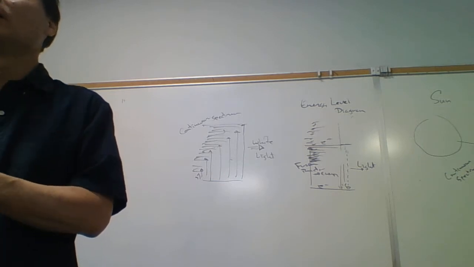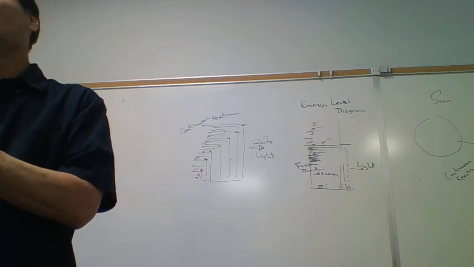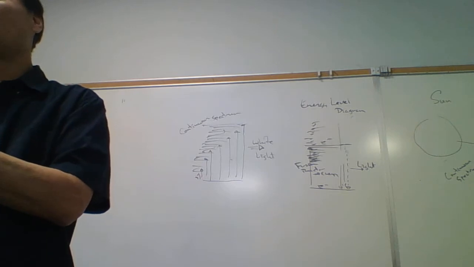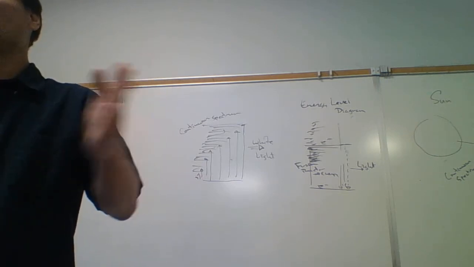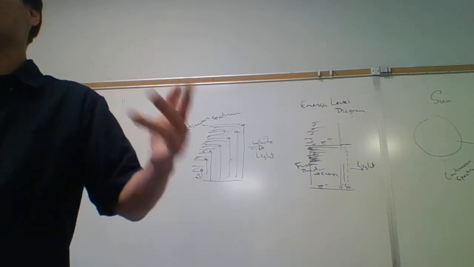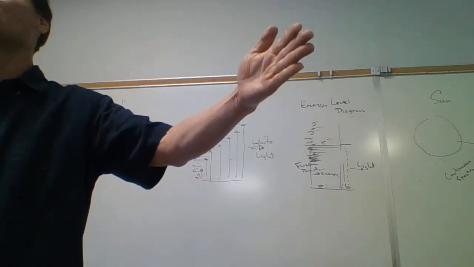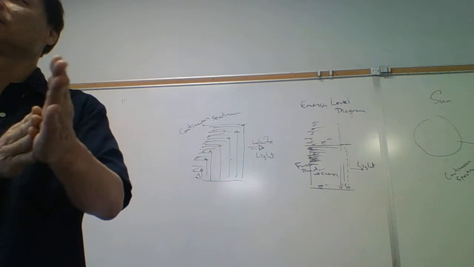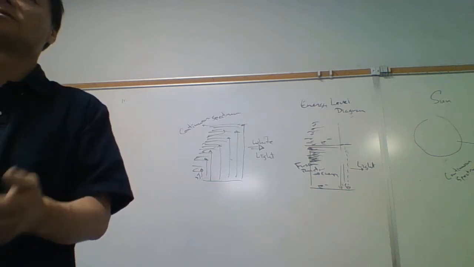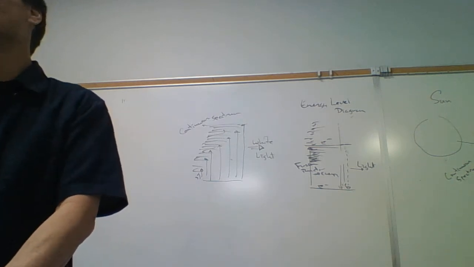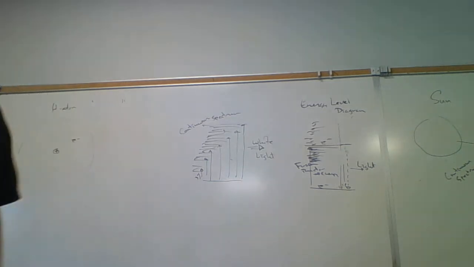Your car has a continuous range of speeds it can drive, anywhere from 0 to the maximum speed of the car. We call that continuous, meaning that there's nothing forbidden. And so the same thing with this electron.